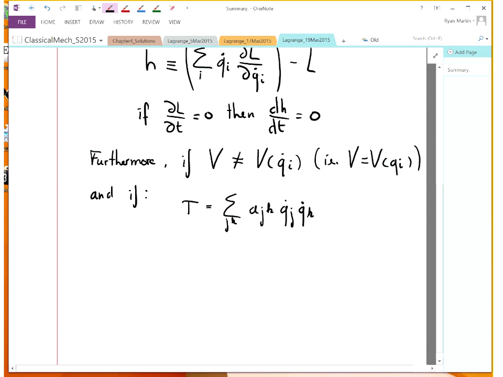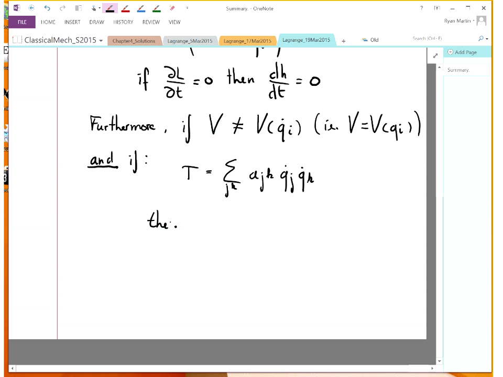So if T can be written this way, so T is quadratic in the velocity, and that's true in general as well. So it's not such a limiting assumption. So if those two things are true, and only in that case, then H turns out to be equal to T plus V, and we know that that is the total energy.